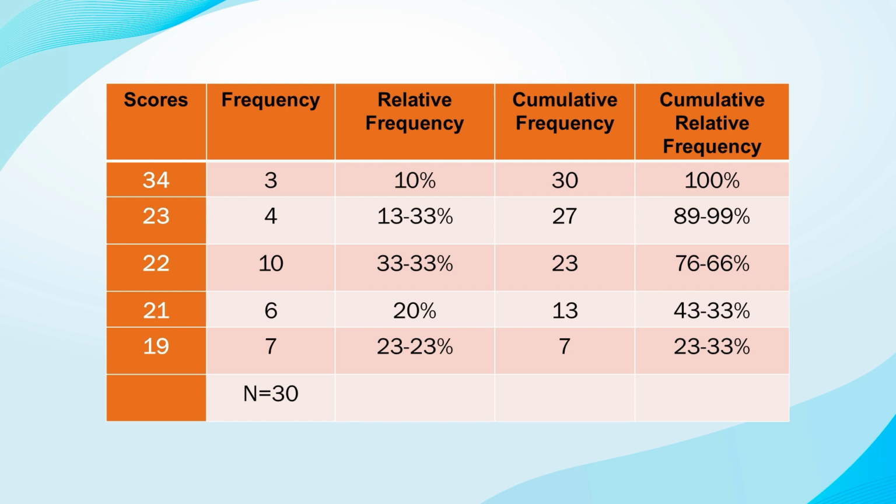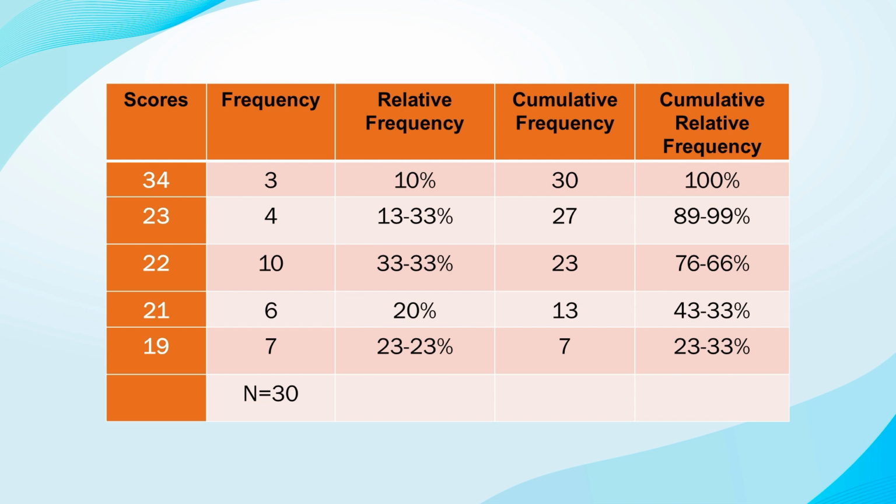Say, here 19 is the lowest and the frequency is 7, and accordingly the relative frequency is calculated. The cumulative is 7, then 7 plus 6 will be 13, 13 plus 10 will be 23, 23 plus 4 will be 27, and 27 plus 3 will be 30.